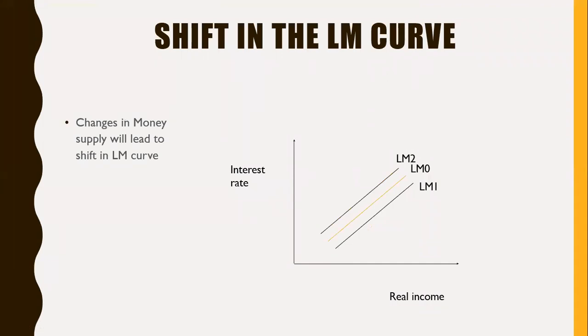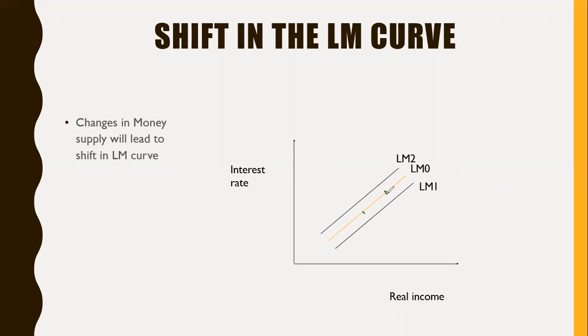Next we consider slope of LM curve. के बाद shift in LM curve. LM0 ये ओरिजिनल LM curve है. When we are moving from one point to another point on single LM curve, we assume money supply to be constant. Only money demand change हो रहा है. But in economy, money supply is not constant.